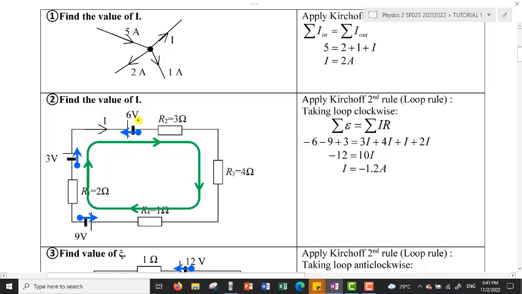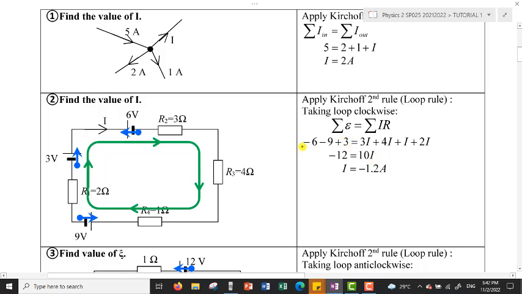For the 6 volt battery, the direction of EMF is opposite to the direction of the loop, so we have a negative sign for the 6 volt battery. The 9 volt battery is also in the opposite direction, so we give a negative sign for the 9 volt battery. For the 3 volt battery, the direction is the same as the direction of the loop, so we give it a positive sign.